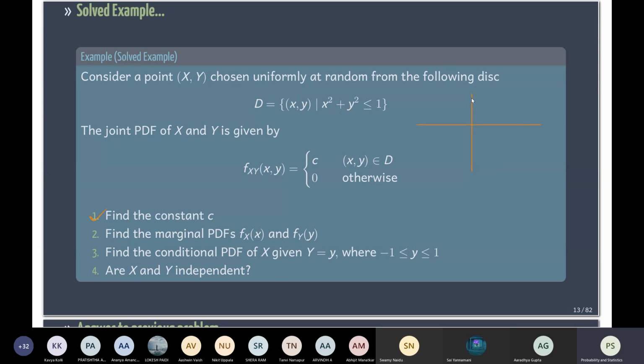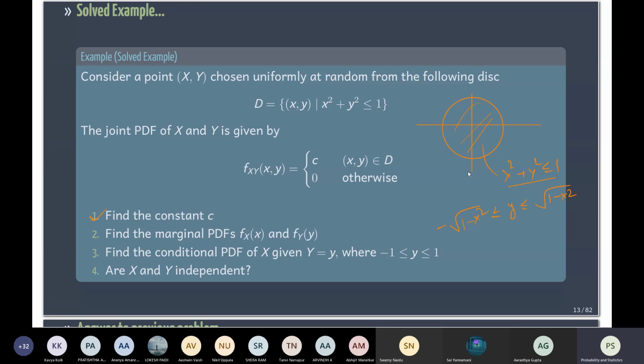So this is the circle we have, and y depends on x. This is the reason, x square plus y square is less than or equal to 1. So the y range is from minus square root of 1 minus x square to plus square root of 1 minus x square.